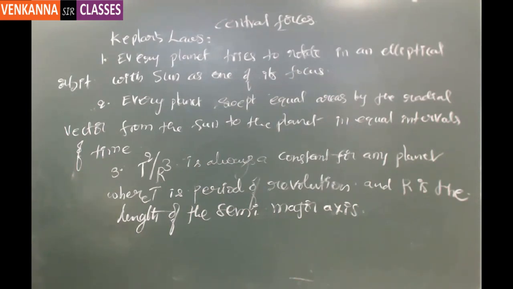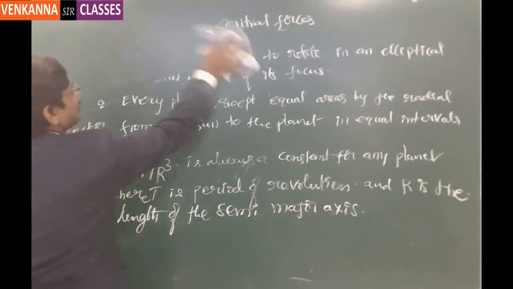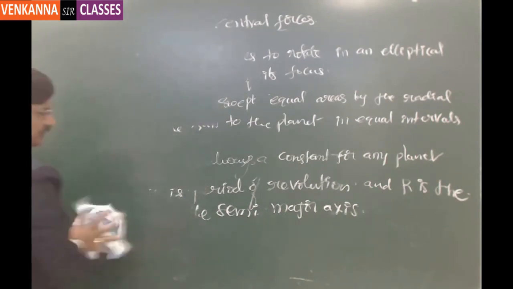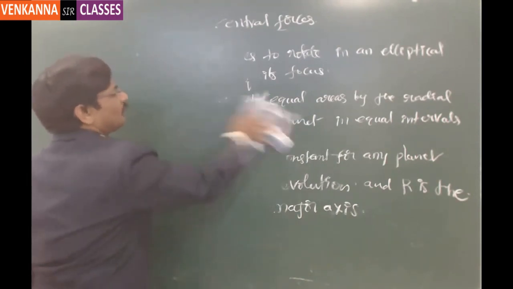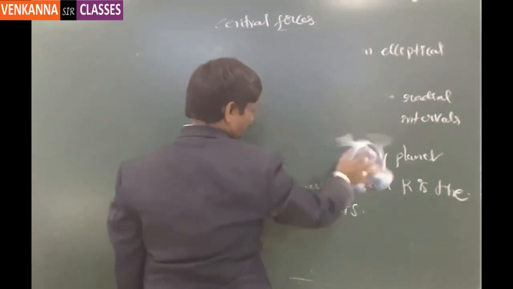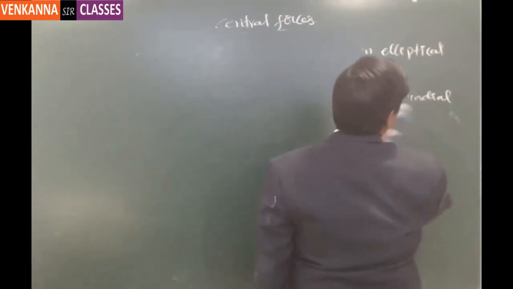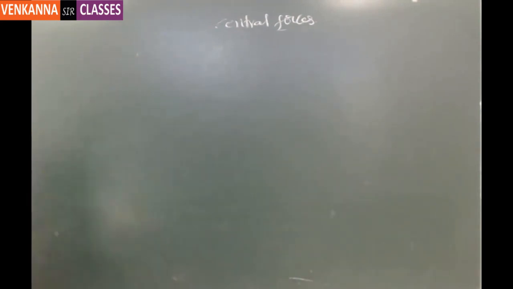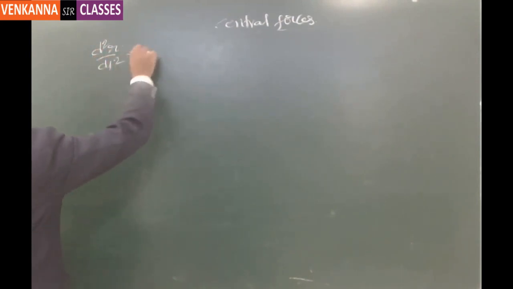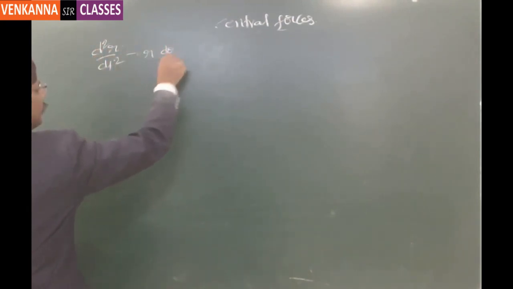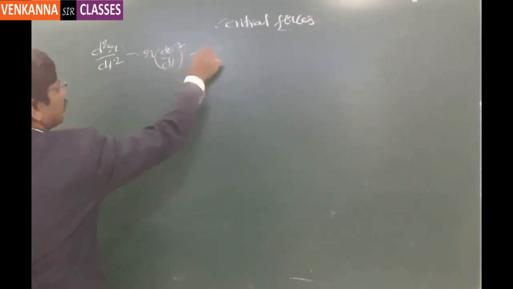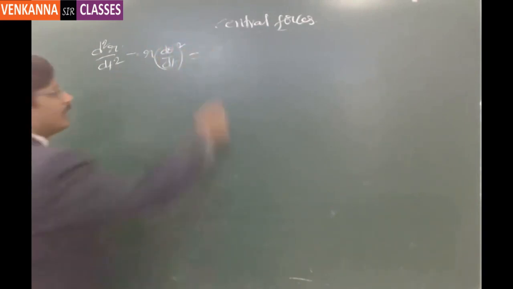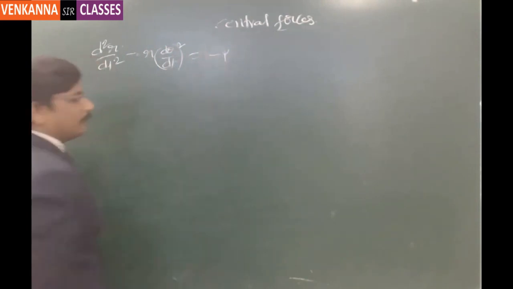Then, okay. So, the differential equation of any central orbit, we are going to derive that now. In case of central orbits, d square r by dt square minus r into d theta by dt whole square, which is the radial acceleration, and the magnitude of that is going to be minus p.